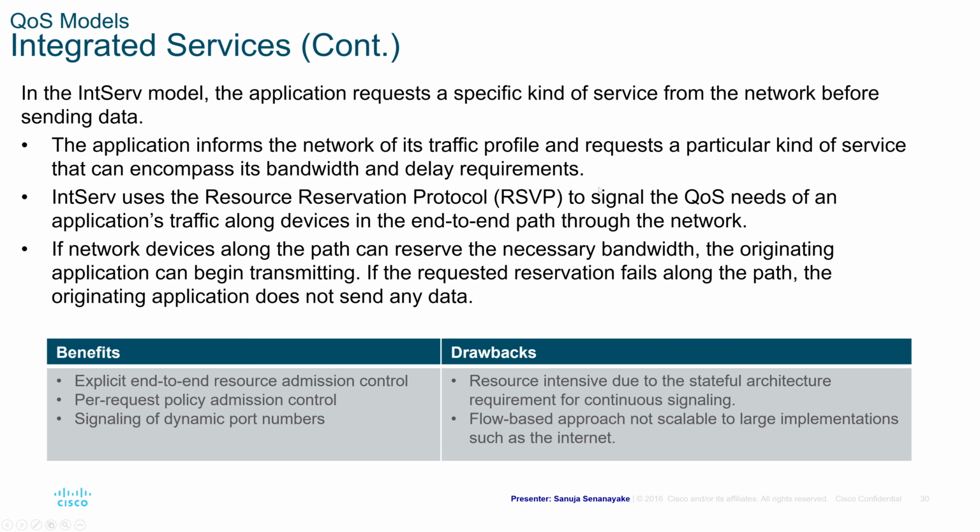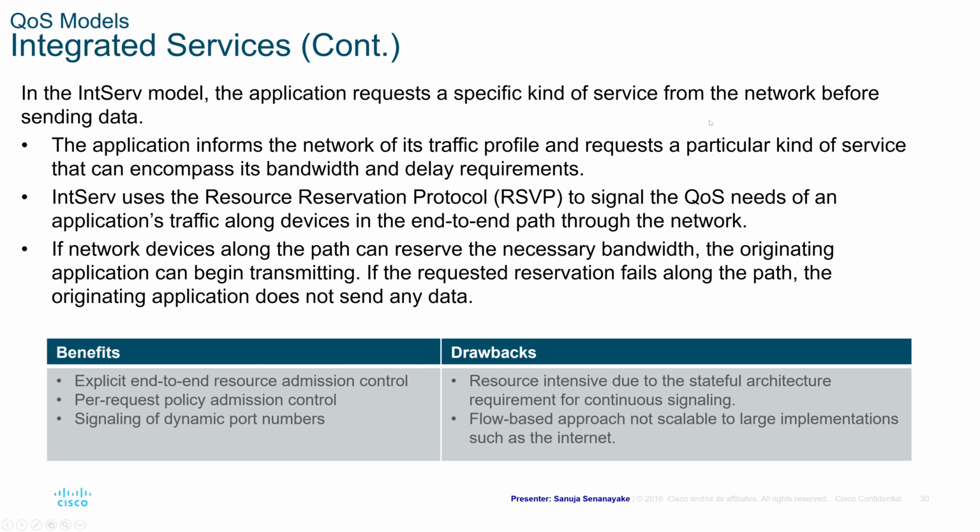So basically, let's say it's VoIP traffic. The VoIP application is going to inform the network, hey, this is my traffic profile and I need this kind of quality of service and bandwidth, and I have this kind of delay requirement in order for me to be successful. So the VoIP traffic in this situation is going to inform the integrated services of what we need to do. IntServ uses the Resource Reservation Protocol, also known as RSVP, to signal QoS needs of an application's traffic along devices in the end-to-end path through the network.